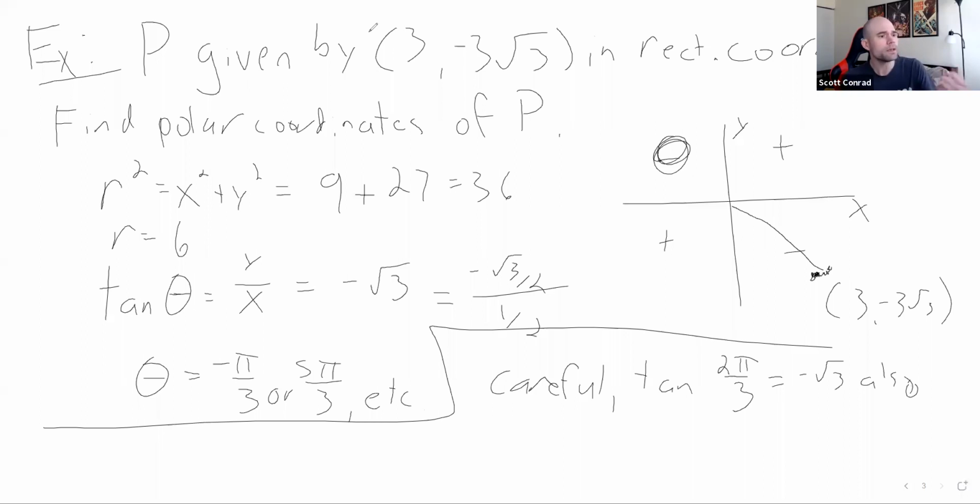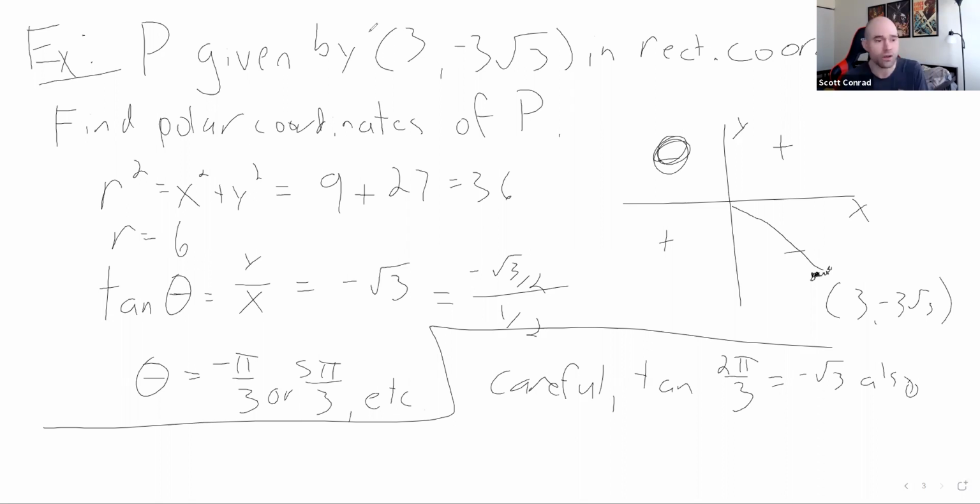You could use x equals r cos theta, but the same thing holds, because you would get two possible angles in that case, and you would still have to refer to the y coordinate to figure out which one it is.